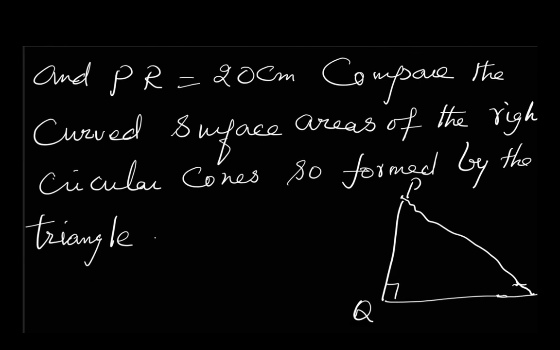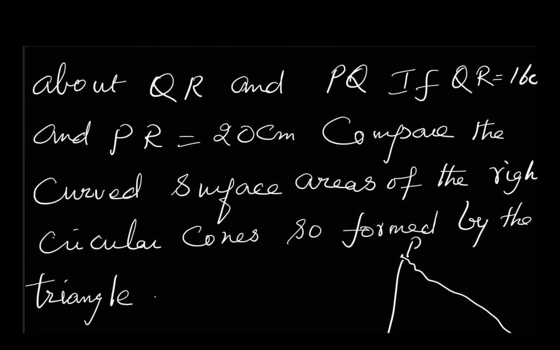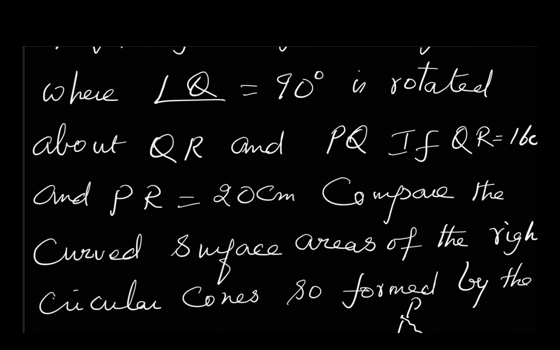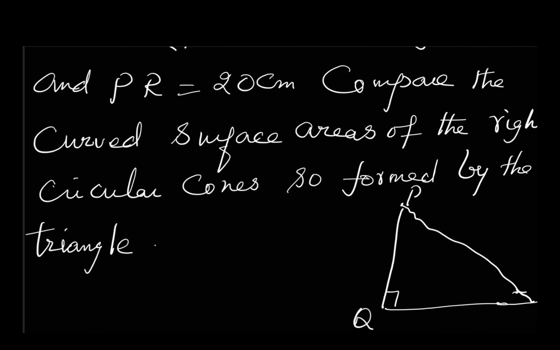If QR is 16 centimeter and PR is 20 centimeter, compare the curved surface areas of the right circular cones so formed by the triangle. First thing is a right angle triangle PQR, angle Q is 90 degree. So I have drawn that right angle triangle, with the right angle at the vertex Q.